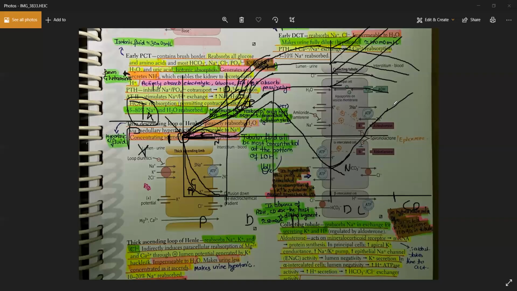If you have very high water and a low amount of substance in the solution, you will have a low concentration. So it's all relative. Similarly, in my tubules, if I have low water and more amount of substance, I will have a high concentration. If I have high water and a low amount of substance, I will have a low concentration.